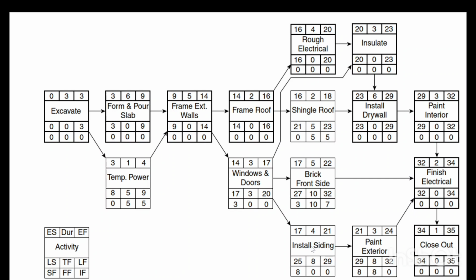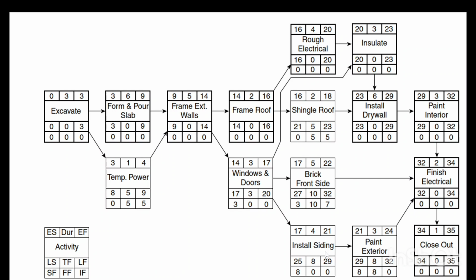So this activity has a total float, we get it here from the legend, of 8 days. And the next one, paint exterior, also has 8 days. So both of them have only one predecessor and one successor, and they have the same amount of total float. That means the two of them together have these 8 days, not each one having 8 days.